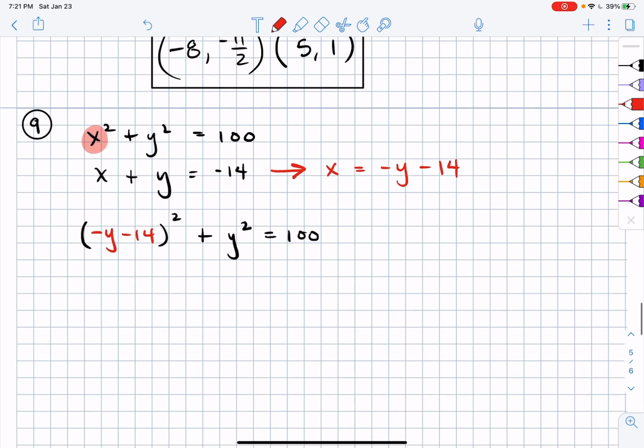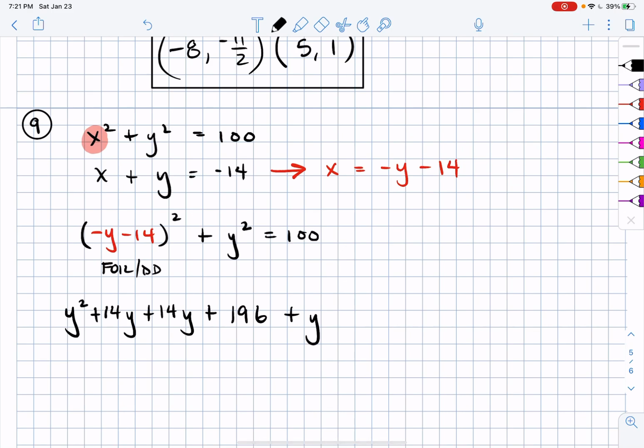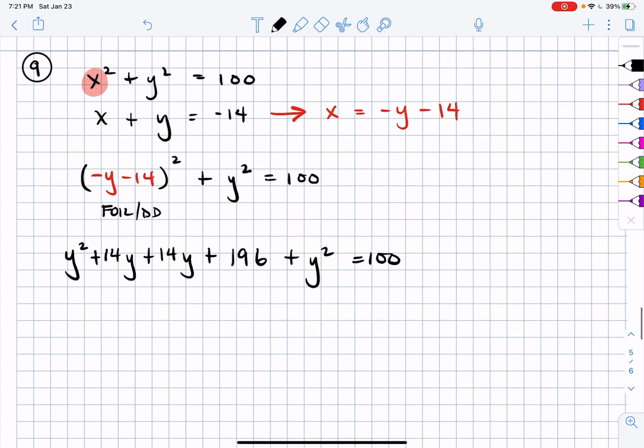Okay, so when I FOIL this, or double distribute, what I'm going to get is y squared plus 14y plus 14y plus 196 plus y squared is equal to 100. All right, so let's combine some like terms.